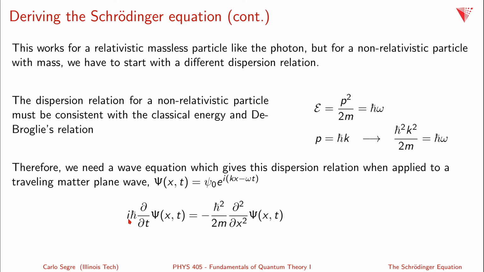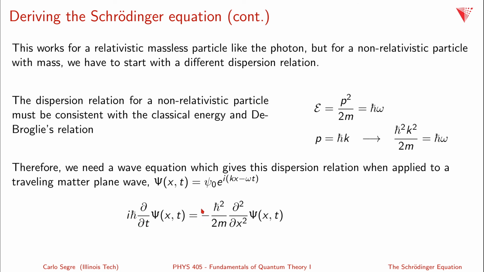Now, why do we have an i h bar? Because we're going to get an i out from our first derivative here. We get a minus i omega. And so if we have minus i omega here, and we need to turn it into h bar omega, we need to have an extra i here. That cancels the minus sign when you have i squared.